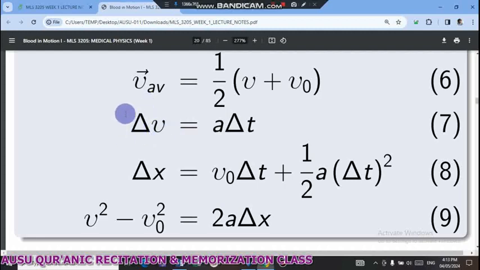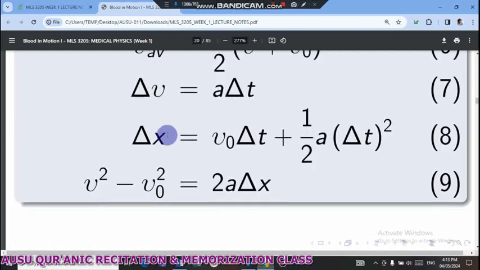Now if you want to get a change in velocity, this will be the constant acceleration multiplied by the time taken to produce this change in velocity. So when you multiply the two, you get the change in velocity.